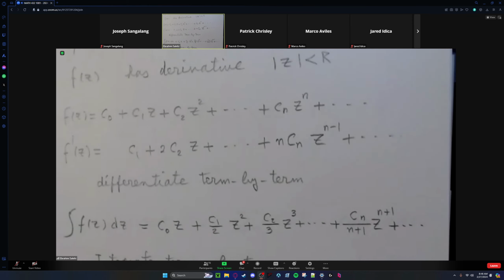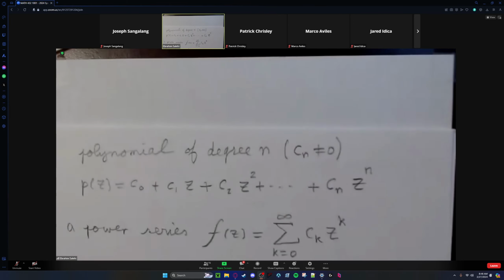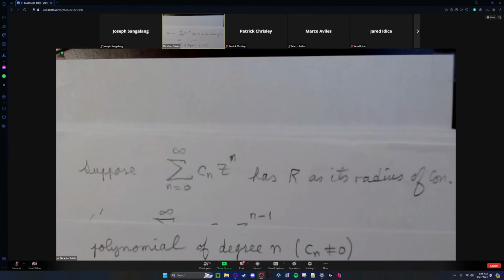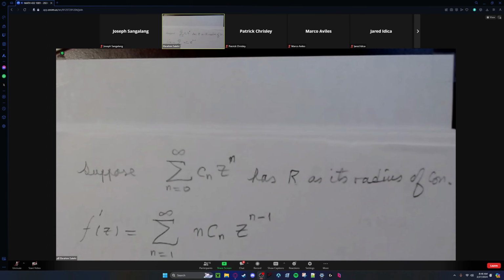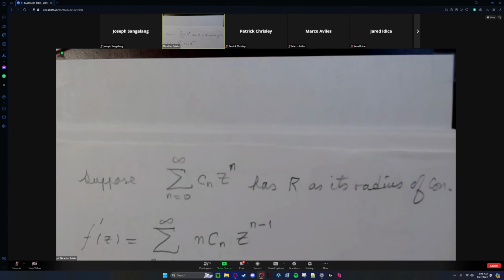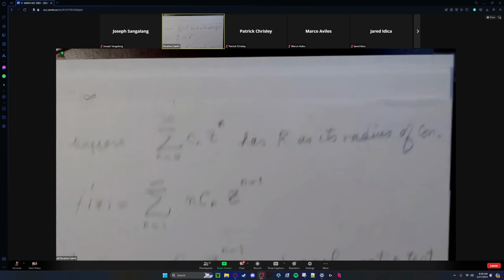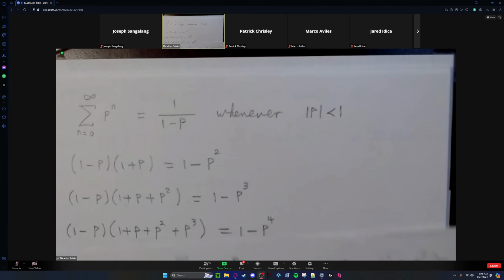So that's good to know. This is justifying why the derivative has the same radius of convergence.